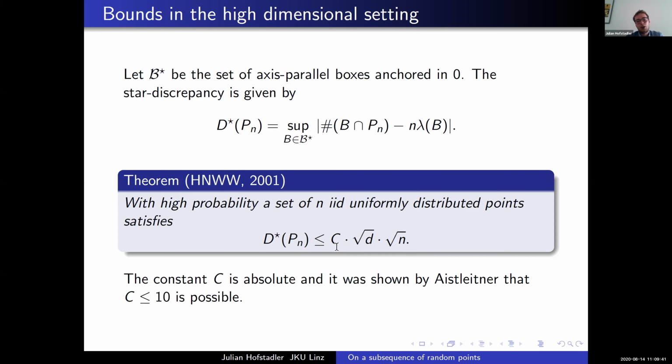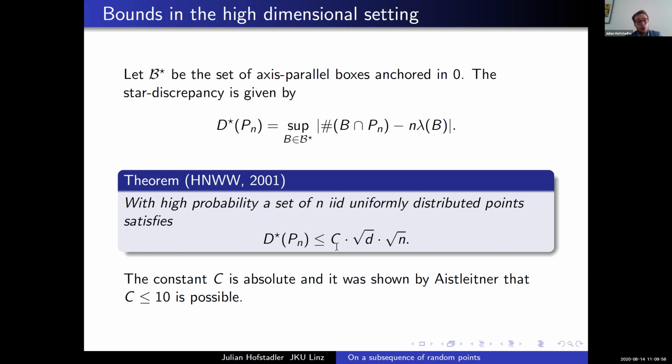So an absolute constant times the square root of d times the square root of n. This is clearly very nice if we have very, very large d compared to the other results.